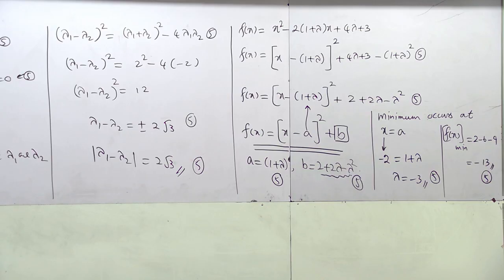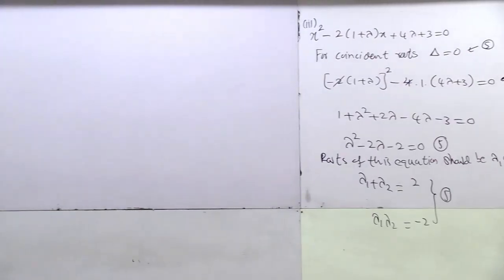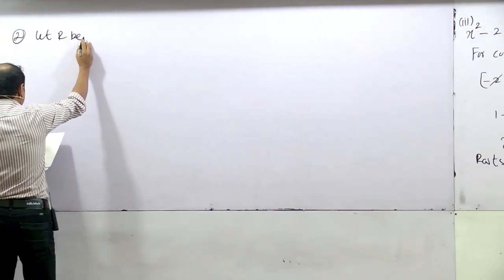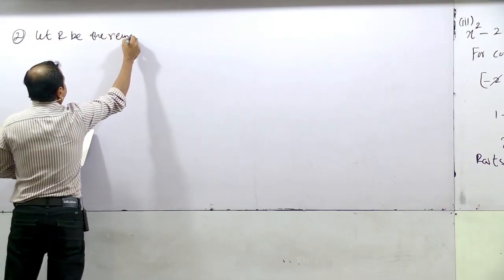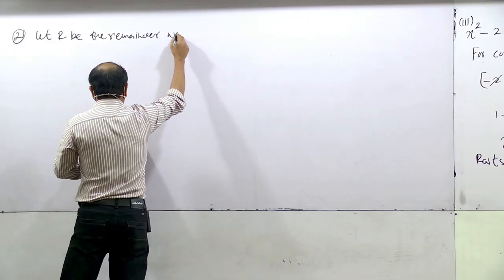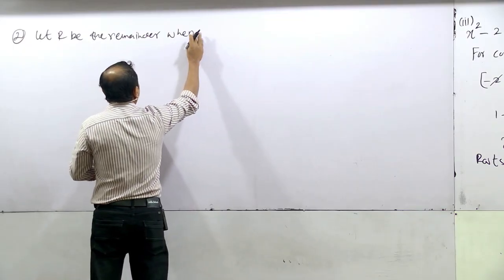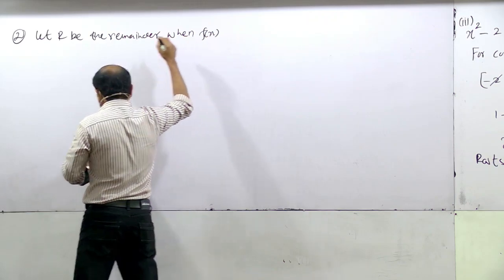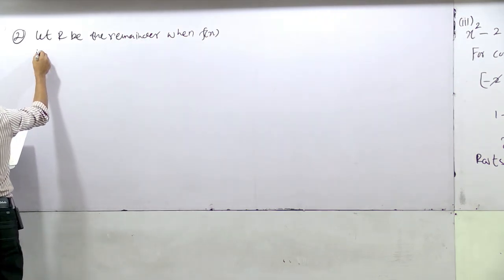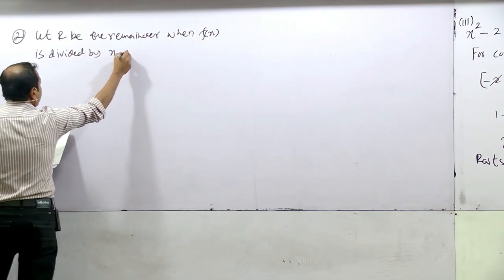So then you can write, let capital R be the remainder when f(x) is divided by x minus a.